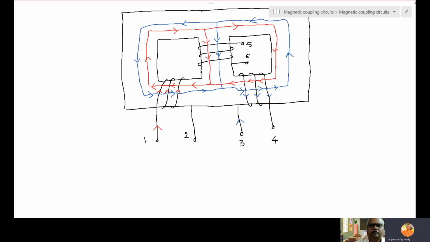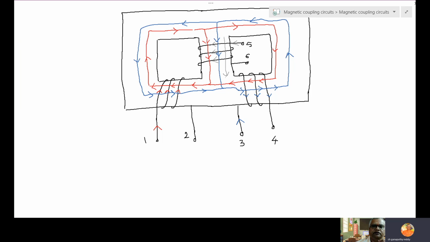Now I am using gray color. Sending from 5, so flux will flow downward. Then this flux flows, here it divides.